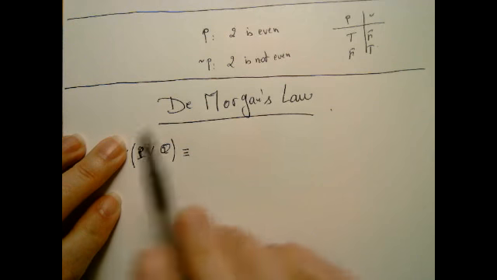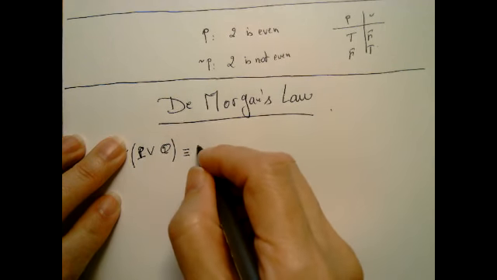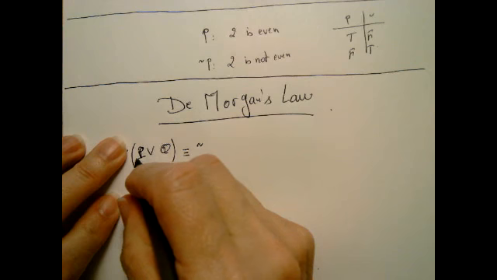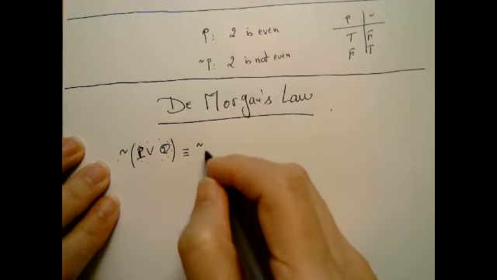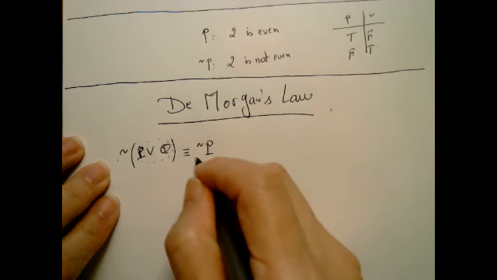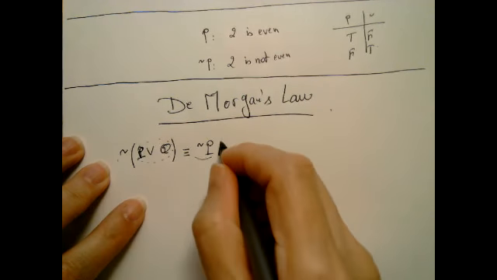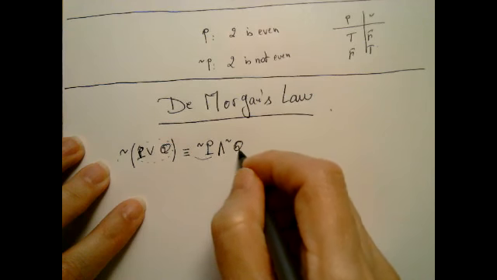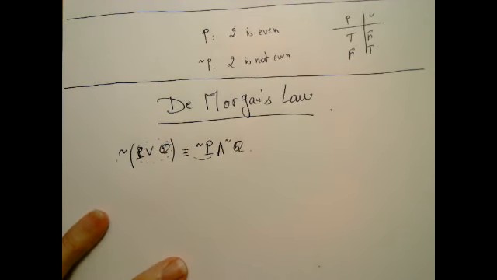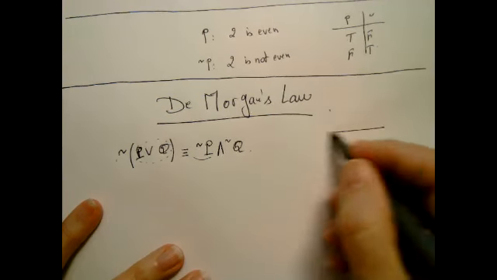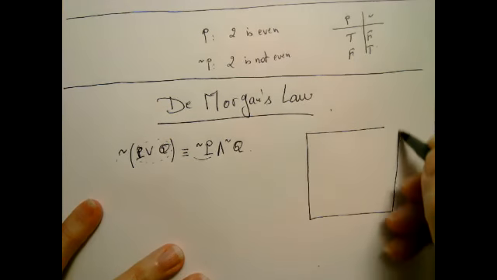This tells me that P or Q is false exactly then. It means the negation is true when P is false, meaning non-P is true, and Q is false. All right, so we're going to use the truth table to verify that.